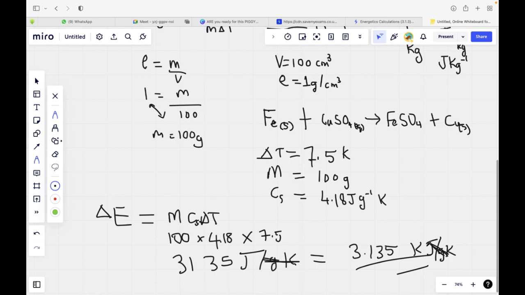Because you are calculating energy, the unit is joule or kilojoule. It is the specific heat capacity that has joule per gram per Kelvin or joule per kilogram per degree Celsius. So let me quickly correct that. Now let's move on.